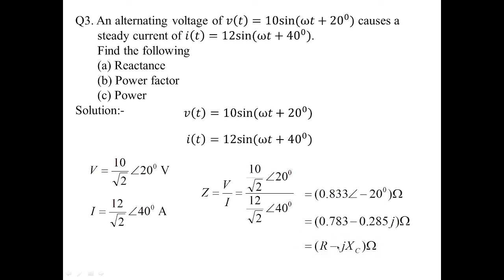So this is the value of impedance for capacitive reactance of the network in RC circuit in series combination. So Z is equal to R minus jXC. If at all you want to know the value of impedance of the circuit in magnitude form, the impedance of the circuit in magnitude form is equal to 0.833. So the impedance of the circuit can be obtained directly from this observation.